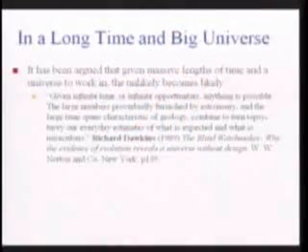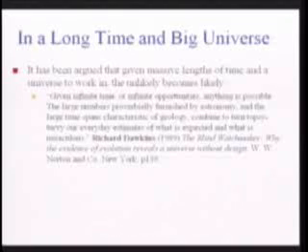Evolutionists will argue, just give me enough time, billions of years, and evolution will happen. And yet, when we look at the probabilities tomorrow in the workshop, we'll see that the probability of something happening over a long period of time is still zero.